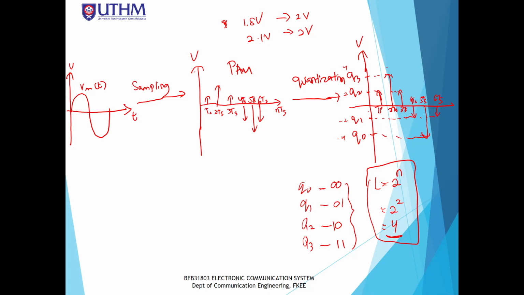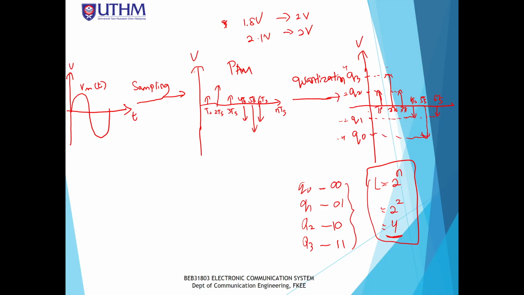If we have many quantized levels, the rounding process would cause less error. We round the value within a smaller range of values, so the error would be very small.